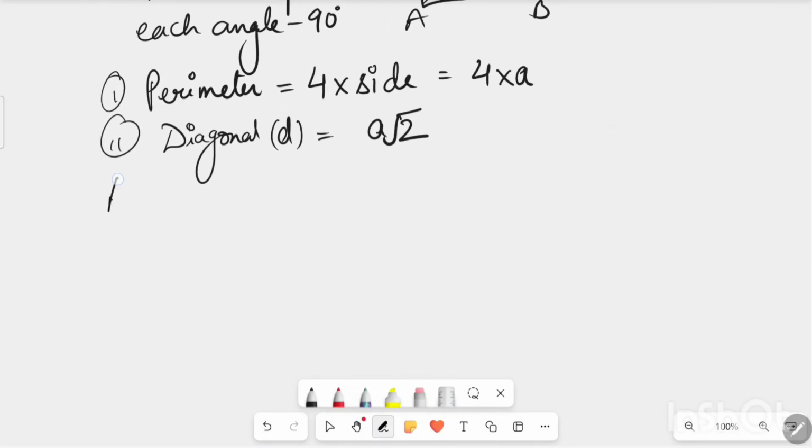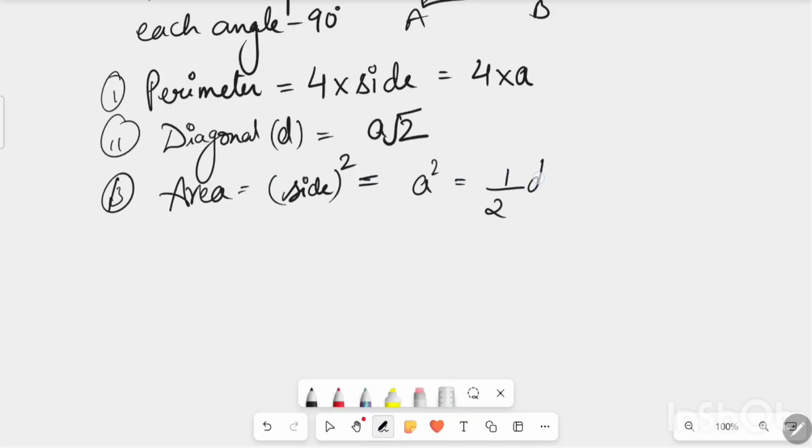And area is side square, which is A square, or we can say half of D square.